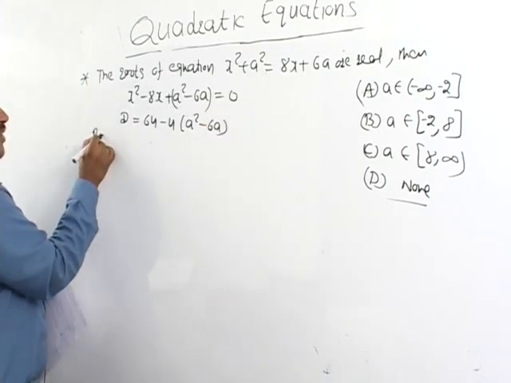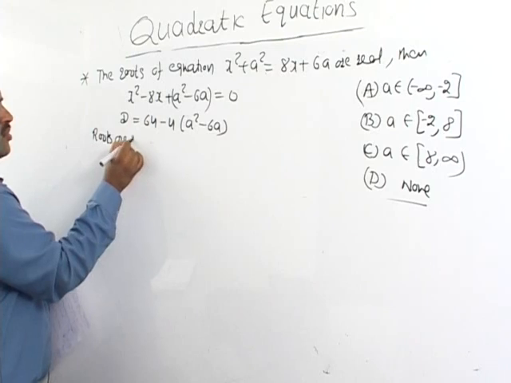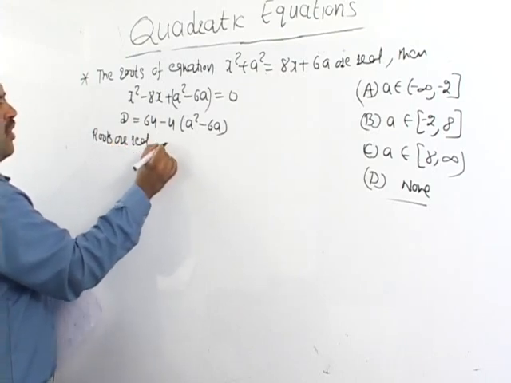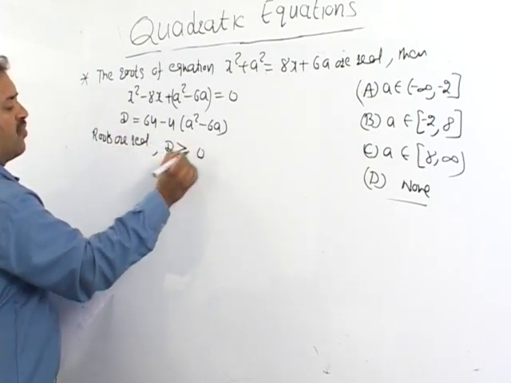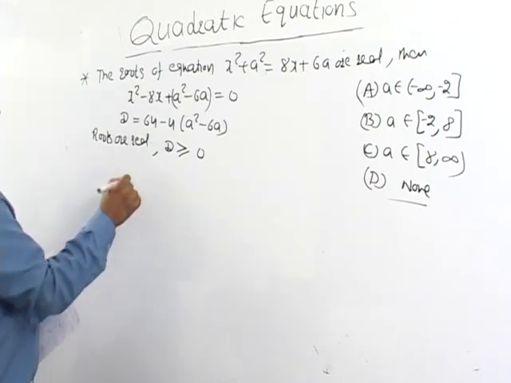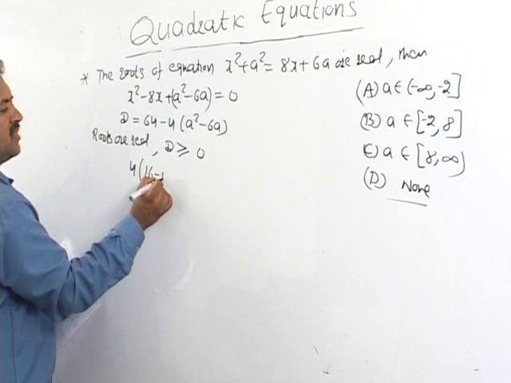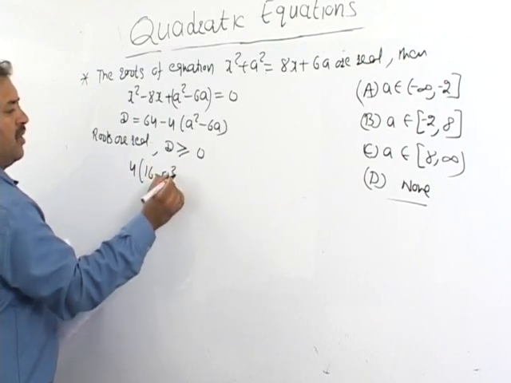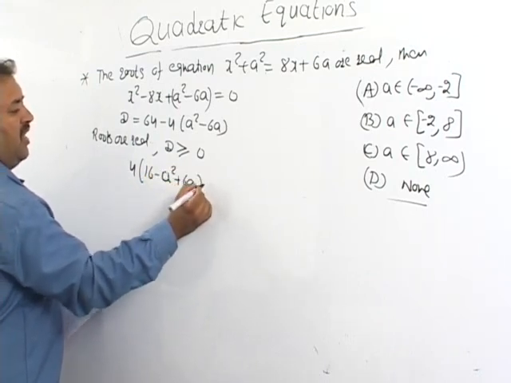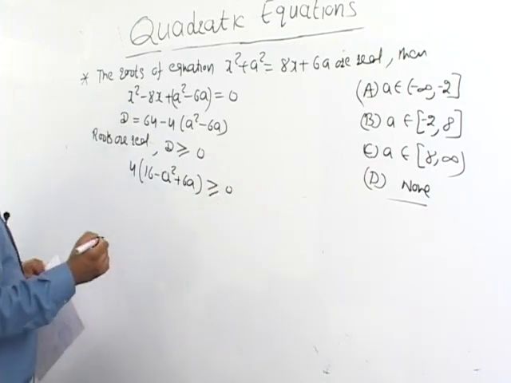Since roots are real, we will go for D greater than equal to 0. That means, if we take 4 common, 16 minus a square plus 6a is greater than equal to 0.